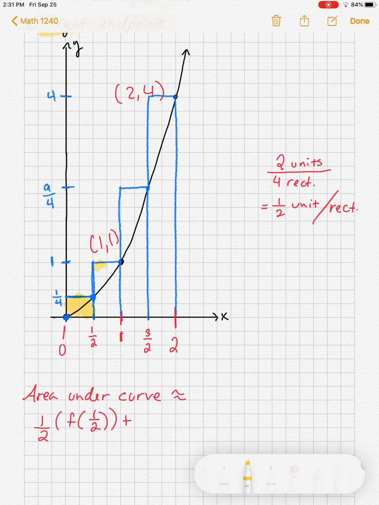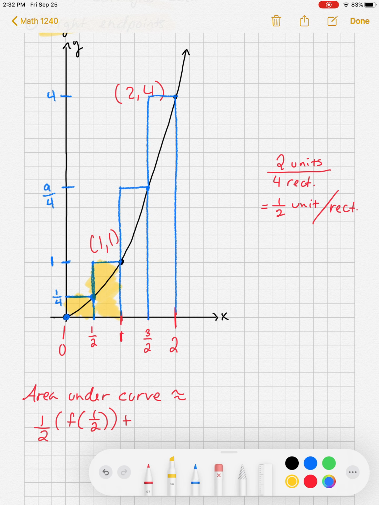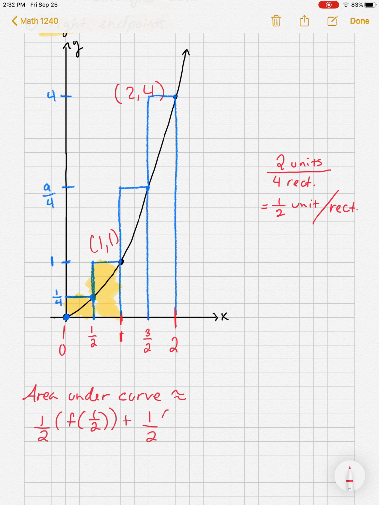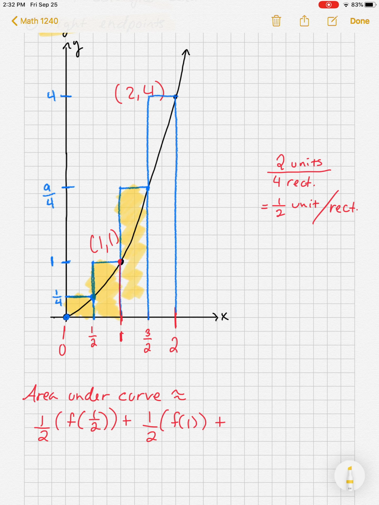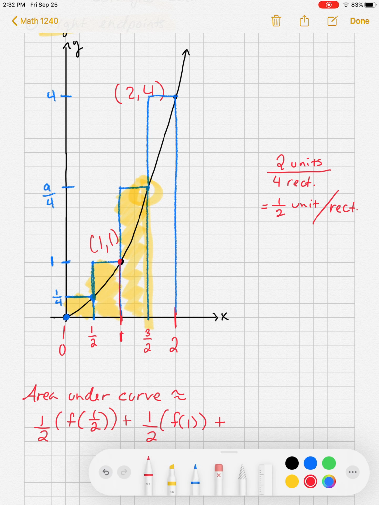Look, here's the next rectangle. The length is still a half. And then the height would be f of 1, right? Because that's the right endpoint. Okay, the third rectangle, length is a half, the height is f of 3/2.